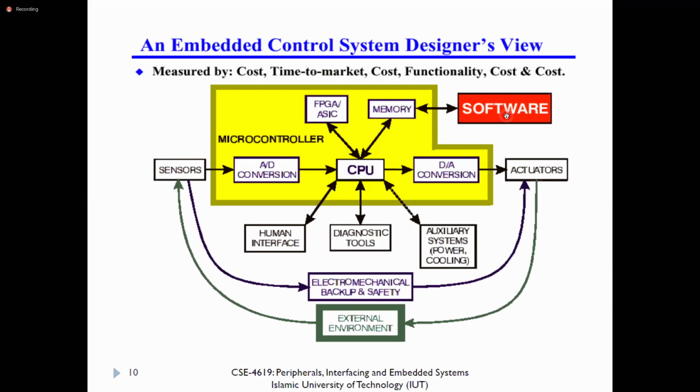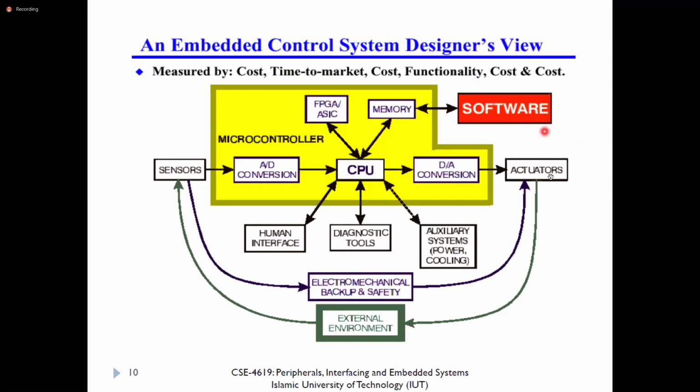And inherently, to run the system, we have to depend on some external functions, such as electromechanical backup and safety, some external environment matters. We should have diagnostic tools, a human interface, and auxiliary systems like power and cooling.